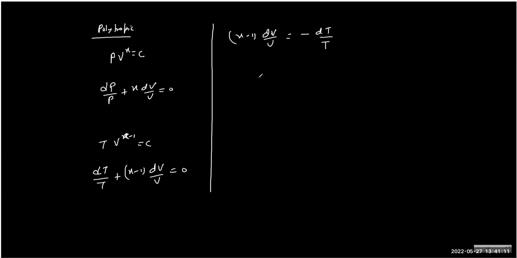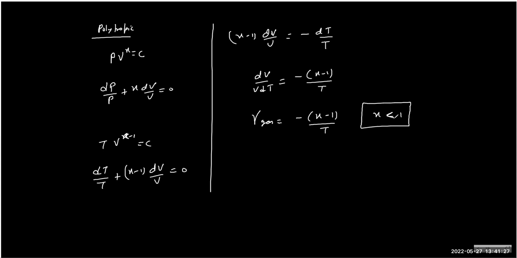So we have dV by V dT as minus (x minus 1) upon T. So gamma we can define for a gas if x is less than 1, because gamma cannot be negative.